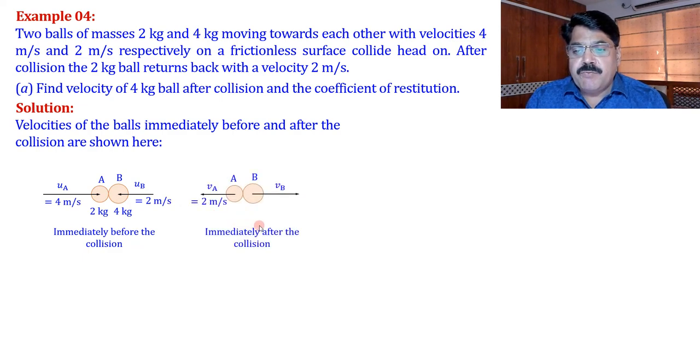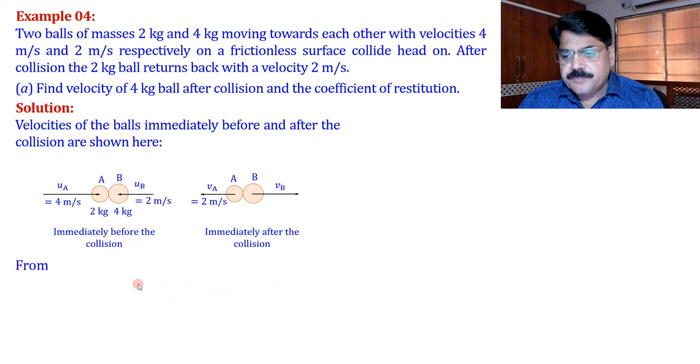After the collision, the 2 kg ball A has reversed its direction and starts moving with 2 meter per second. So VA is 2 and VB is unknown. In this situation, two things are unknown, VB and e, and five things are given. So we write two equations, one for conservation of momentum, the other for e, and find these two unknowns.